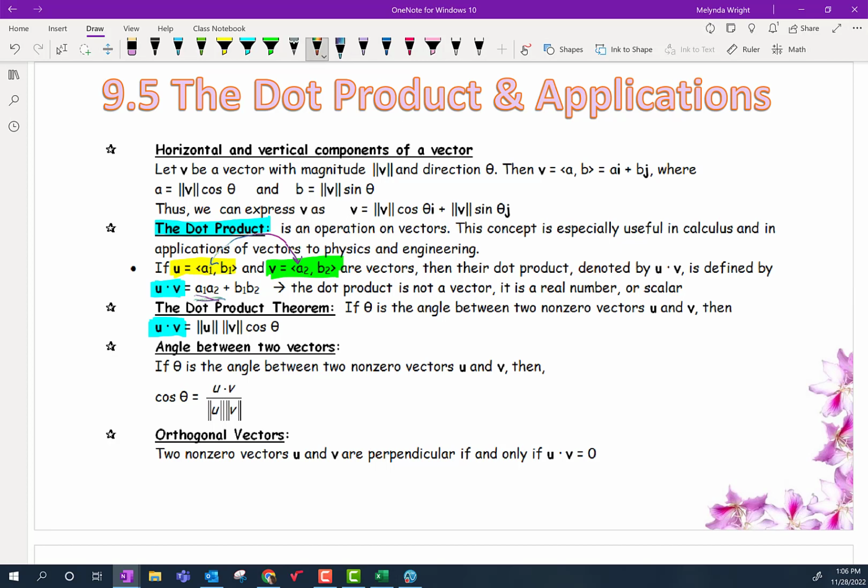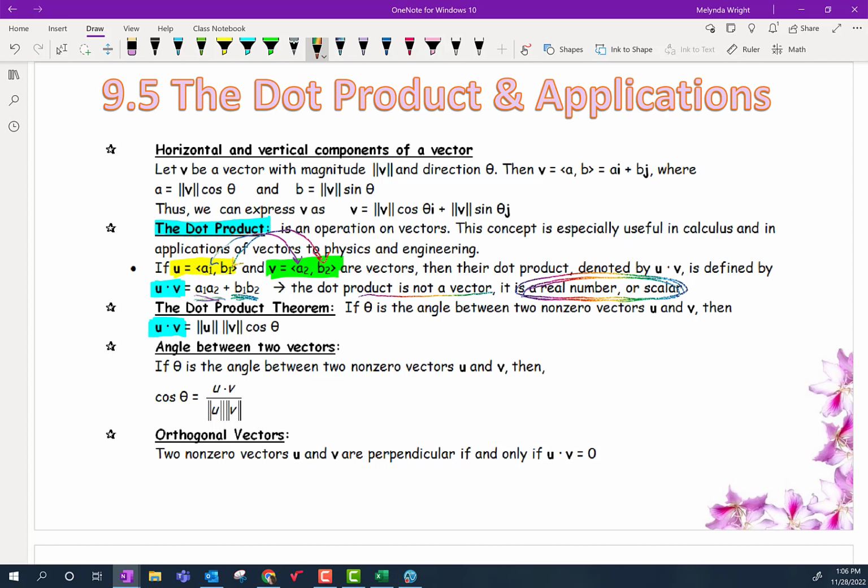Then you would match up the y components and multiply them together. The result of this process is not going to be a vector, it's going to be a number, or a scalar. The dot product is going to give you a number.